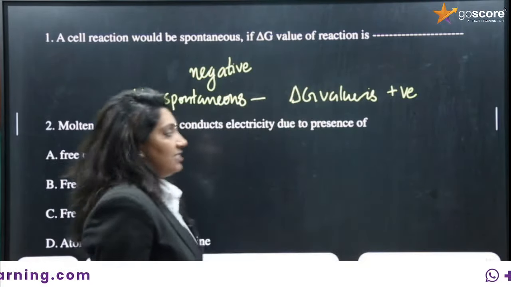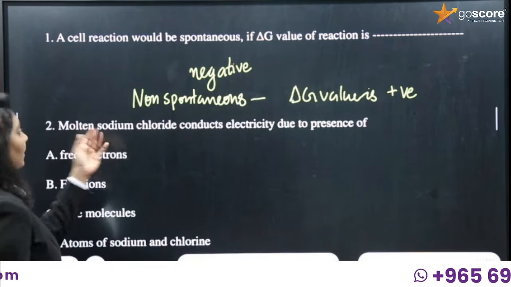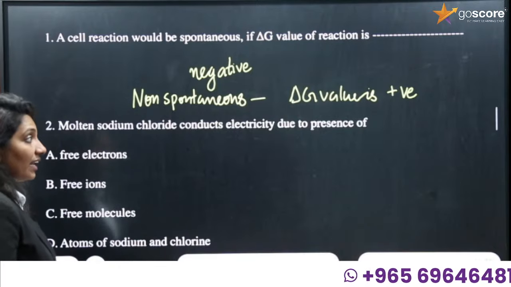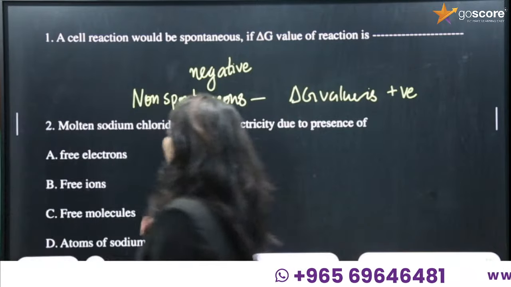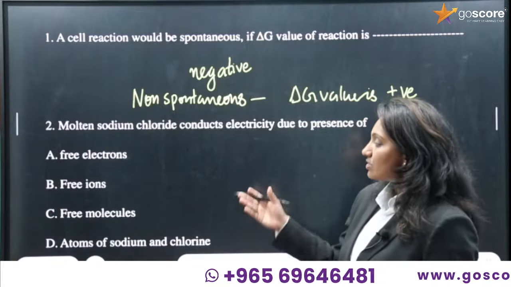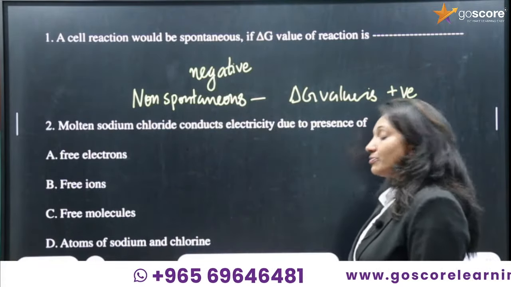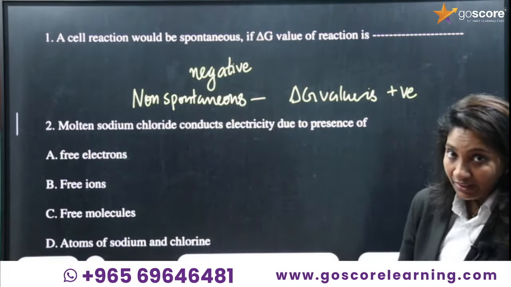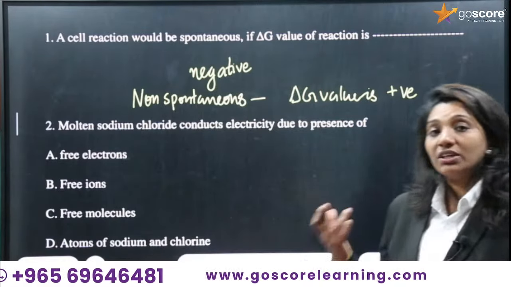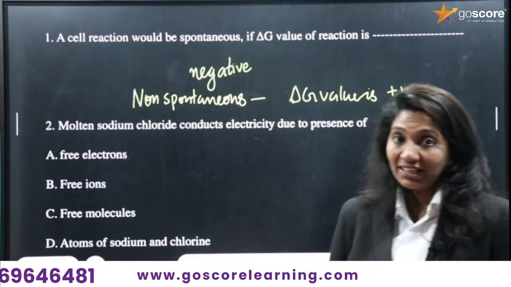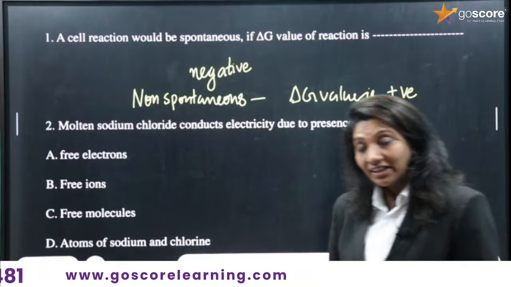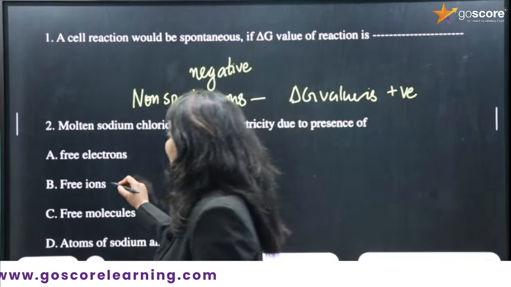Now, molten sodium chloride conducts electricity due to the presence of free electrons, free ions, free molecules, or atoms of sodium and chlorine. I told you clearly that for an aqueous solution or a molten solution to conduct electricity, it requires free ions.